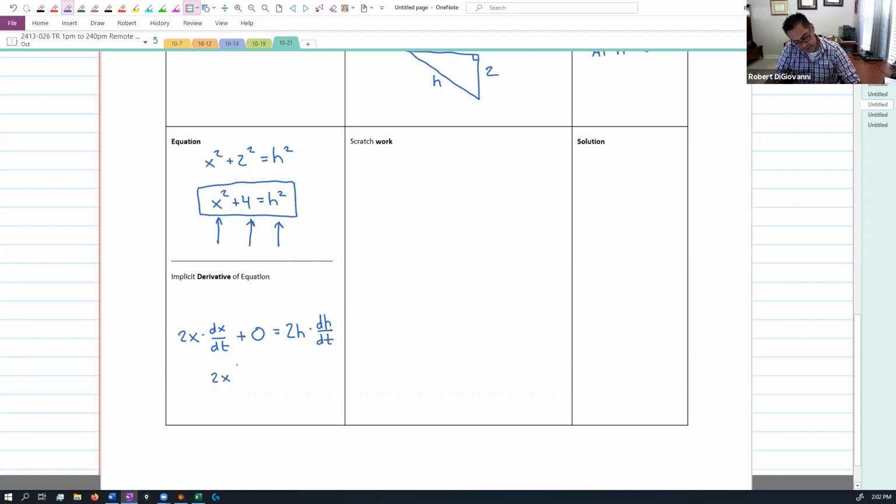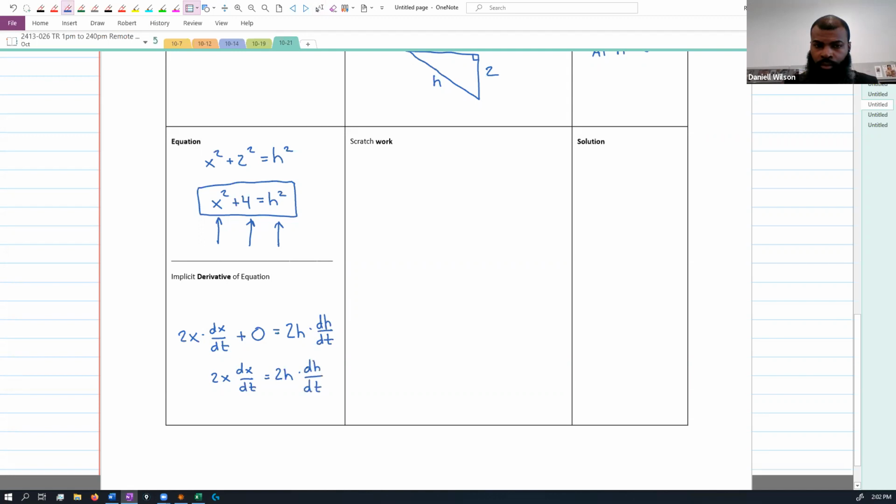So cleaning that up just a little bit, I could, if I wanted to, divide both sides by 2, just to get rid of it. Which gives us kind of a final equation to work with here.